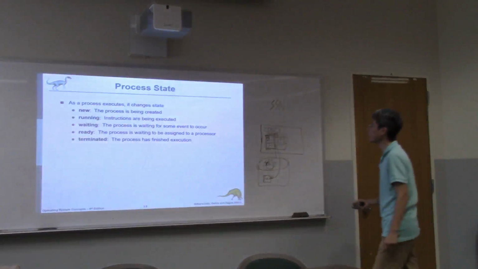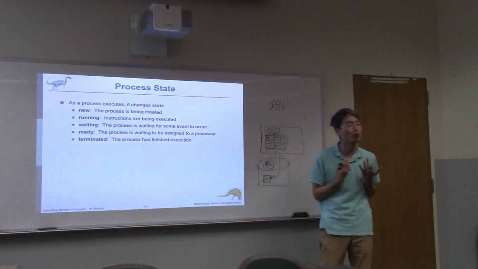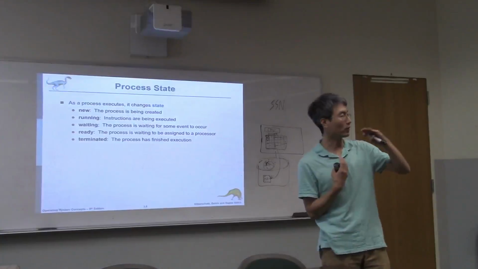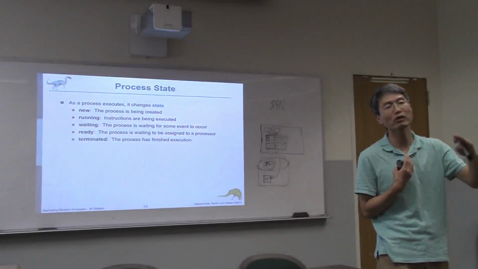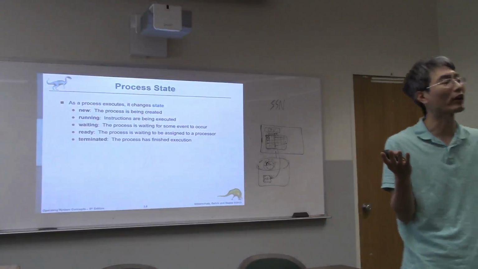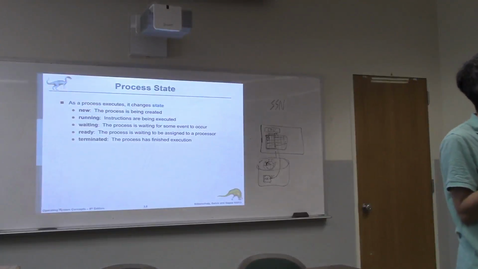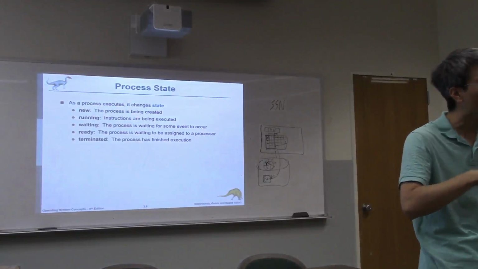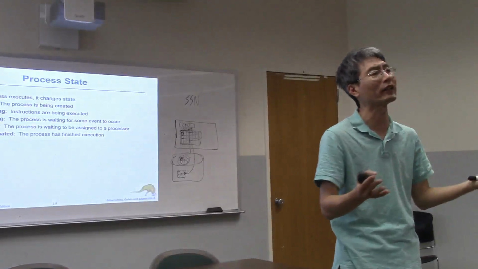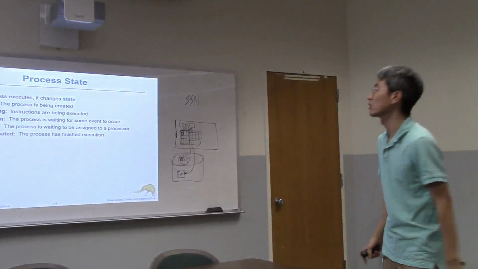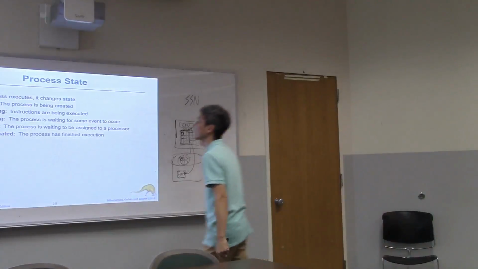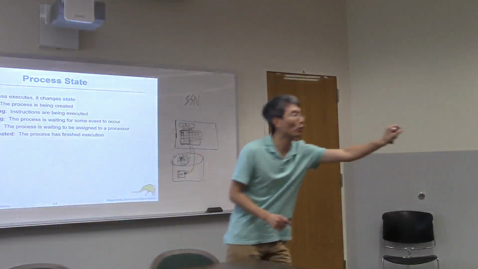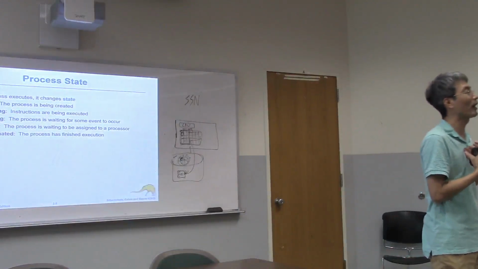Then, since we have many processes, but how many processors, how many CPUs? Very limited. Sometimes one, sometimes two, but anyway, compared to the number of processes we have very limited CPU resources. So we need to manage. To manage, we are going to define different states of the process. For example, one student is waiting for my advising.